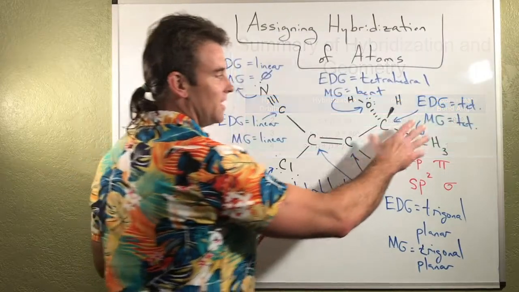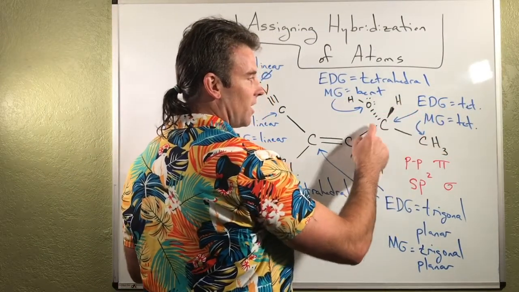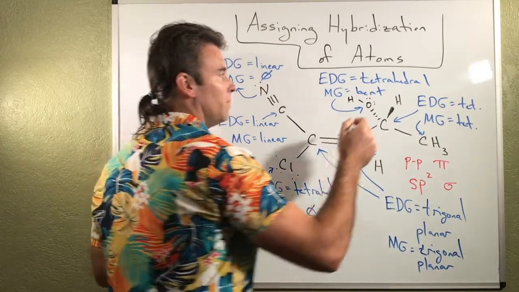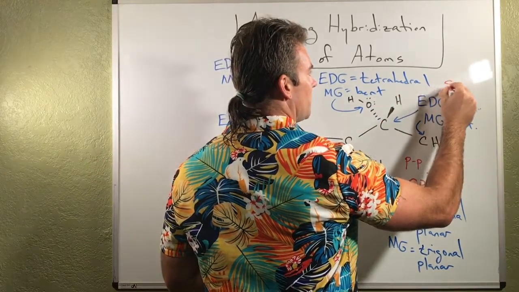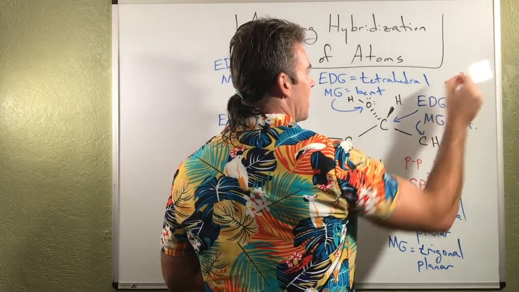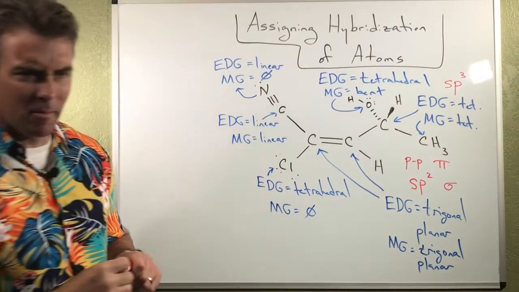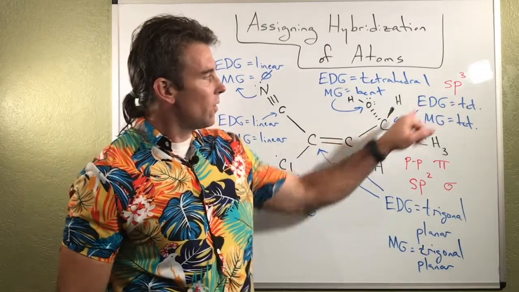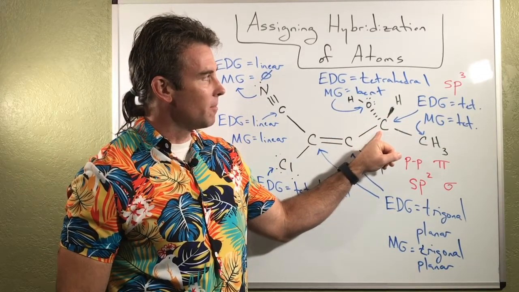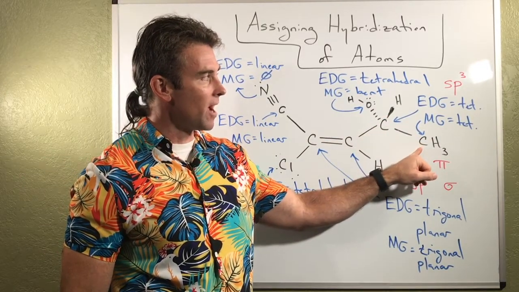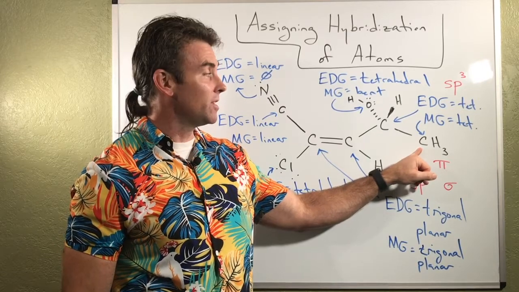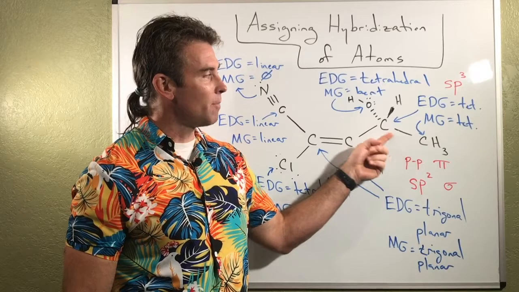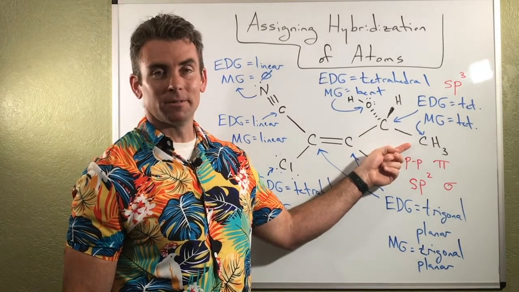If we go out to these carbons over here, you'll notice it's all just single bonds. Anytime you see an electron domain geometry of tetrahedral, that means it is made up of 4 sp3 hybrid orbitals, which hopefully you can see on that screen. So that carbon is sp3 hybridized, that carbon is sp3 hybridized, and what you could say is each individual bond is the result of the overlap of 2 sp3 orbitals.